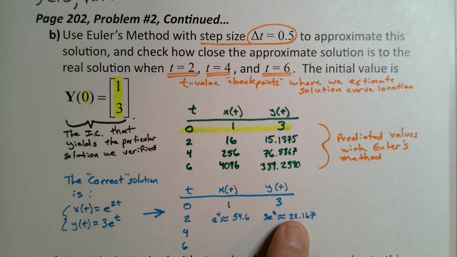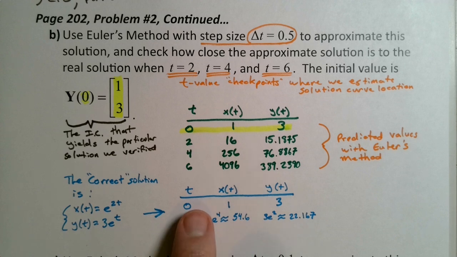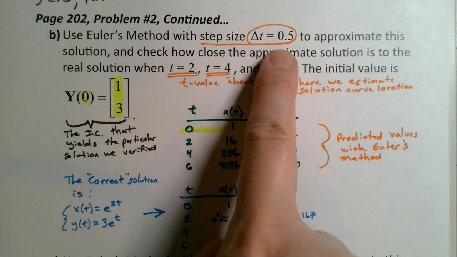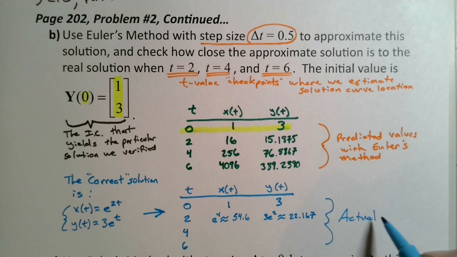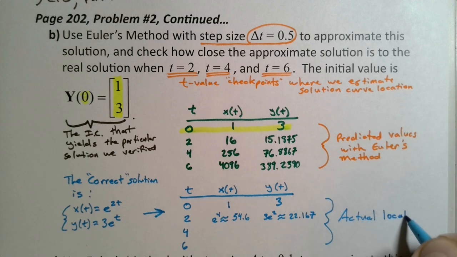So already, after 4 steps, because we've gone 2 units of time and our step size is 0.5, we're quite a ways off. So these values through here are going to be our actual location of the solution curve.